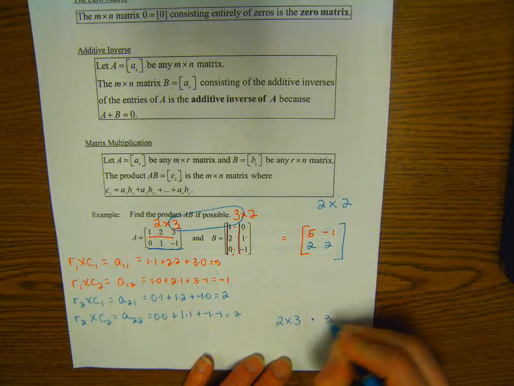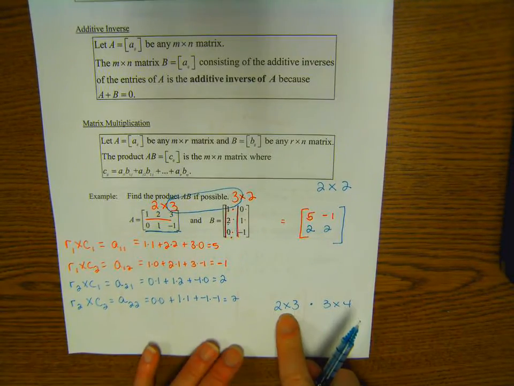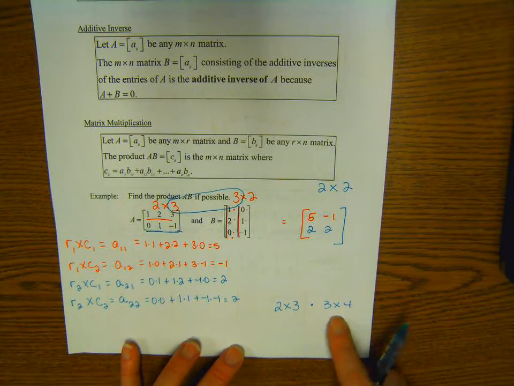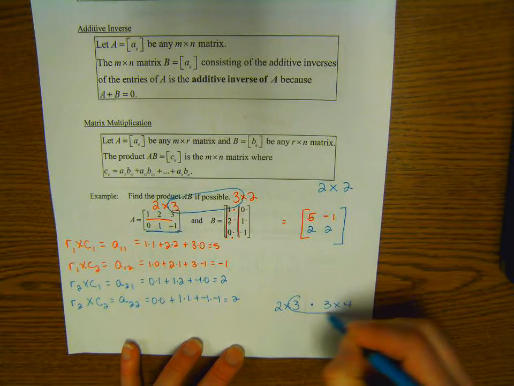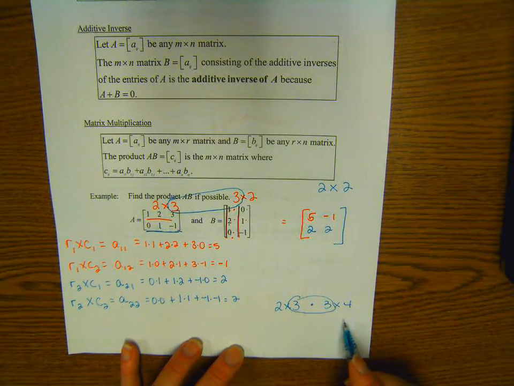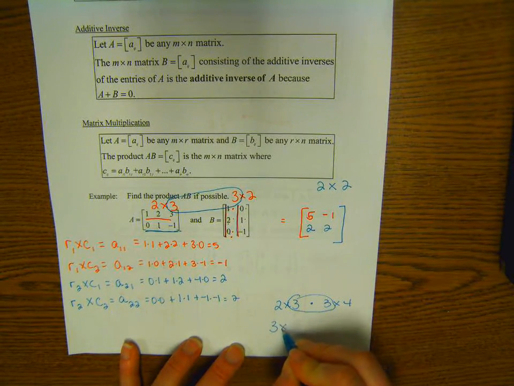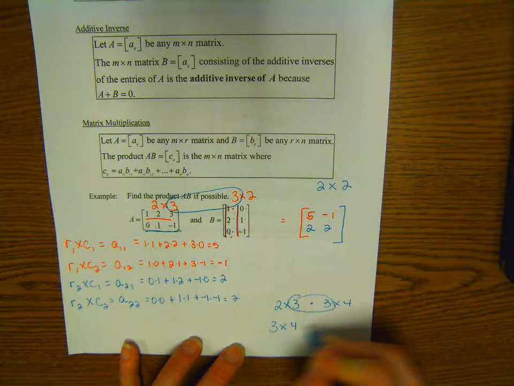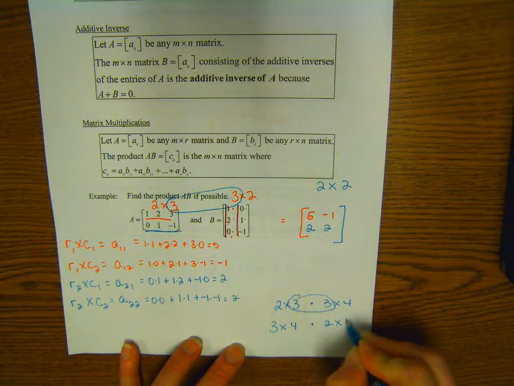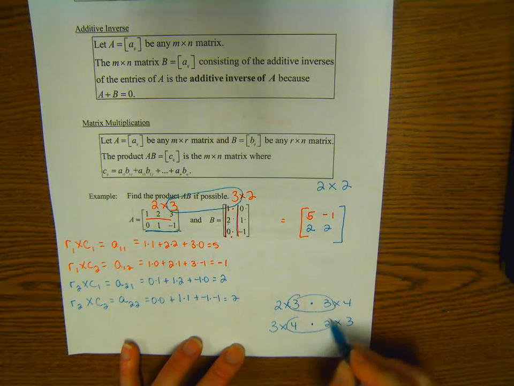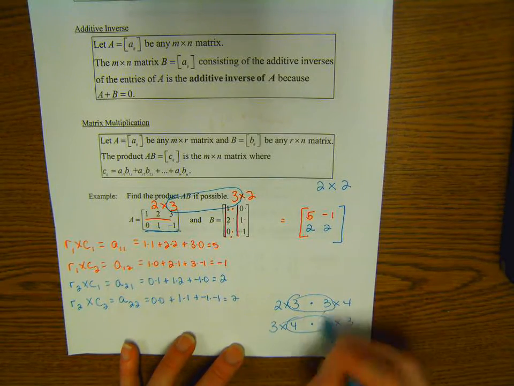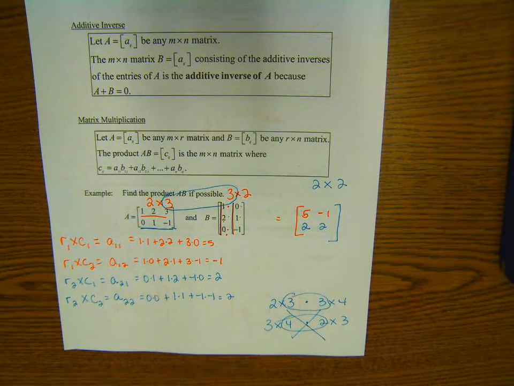If I did the 2 by 3 first and the 3 by 4 second, that would work. And the result would be a 2 by 4. Okay? But if I switched it around and did 3 by 4 times 2 by 3, do you see that these don't match? You would not be able to do that matrix multiplication. Okay? All right.